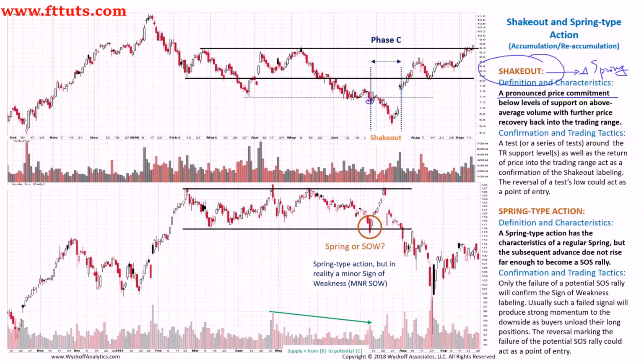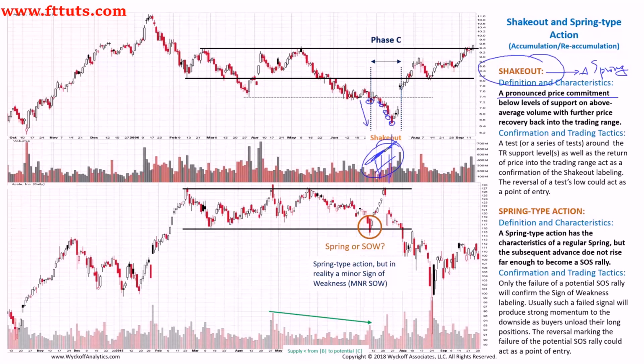Look at how many closes we have below here. Quite a few. And distance-wise, it traveled. We also would like to see a much better volume signature here, so more of the increase.